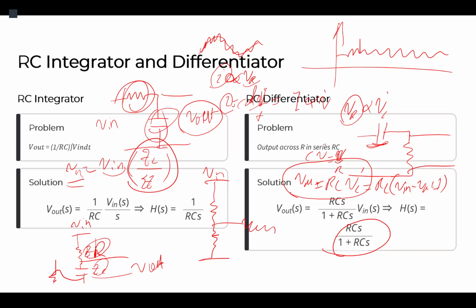There is a way to design an active PID using an op-amp, but from the passive side, using passive components, now you know how to design a PID using R and C. Are we good?